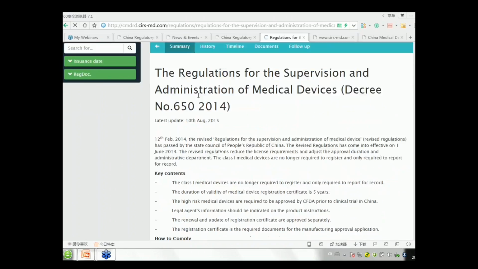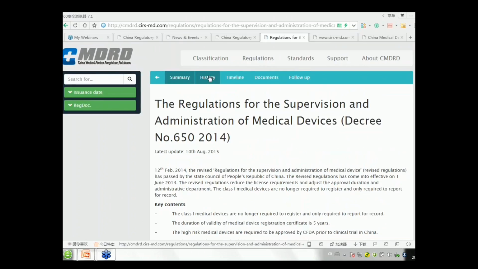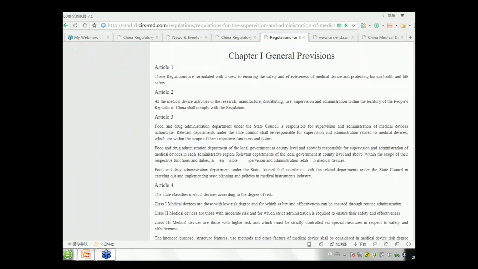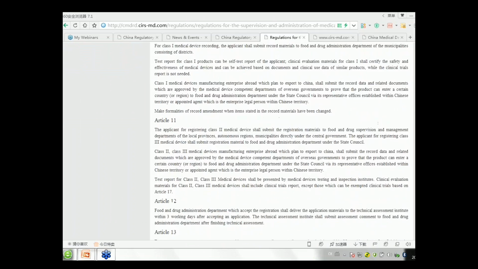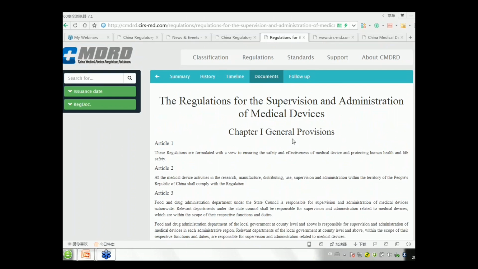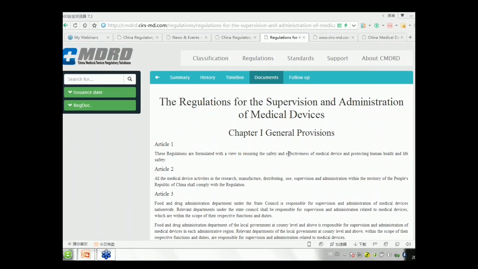It has the summary, the history, timeline, and the documents. It's a very complete set of documents. For some documents, they may not be translated yet, so we keep translating all the documents into English. So you can find a total of 50 English documents here.